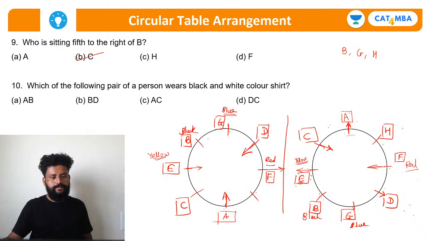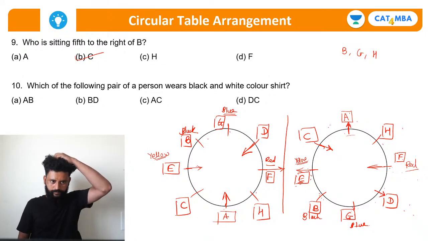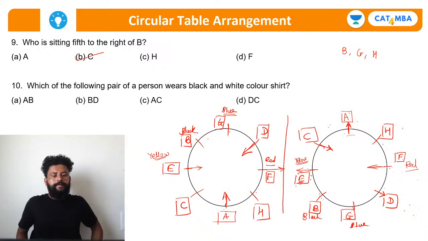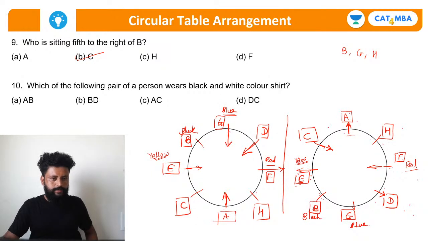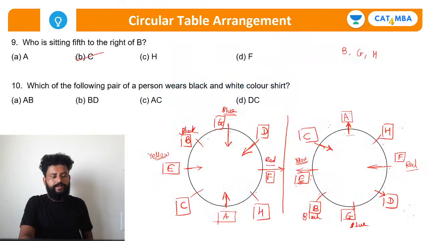C, right? Then we have got here, then white is third to the left of the pink shirt is third to the left of the person who is wearing white shirt.